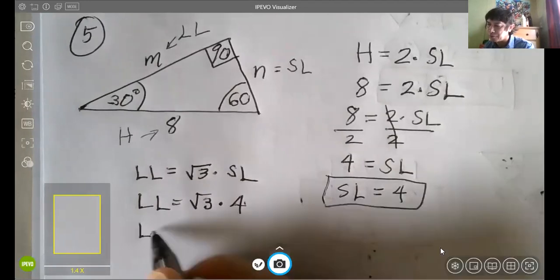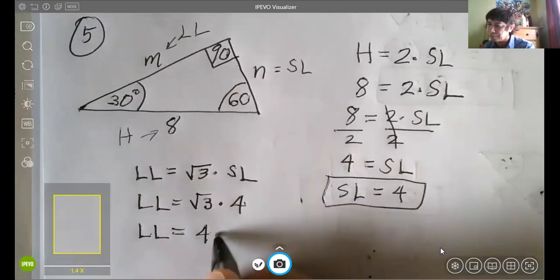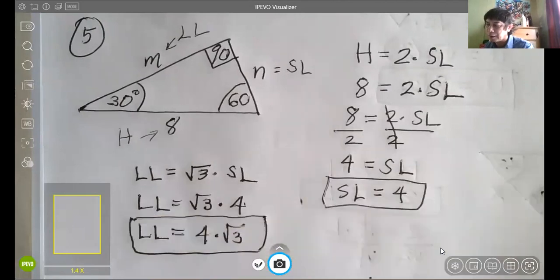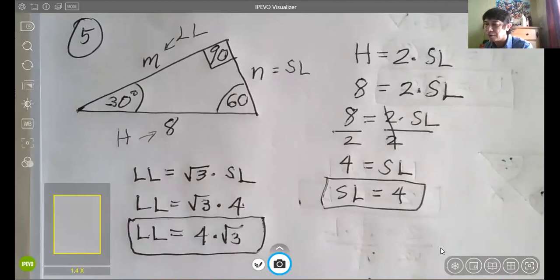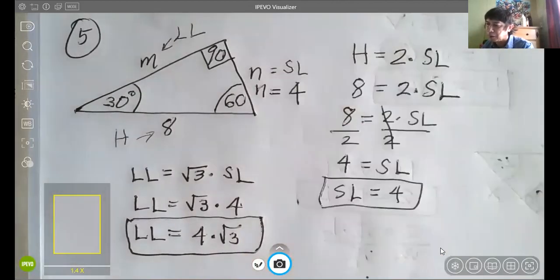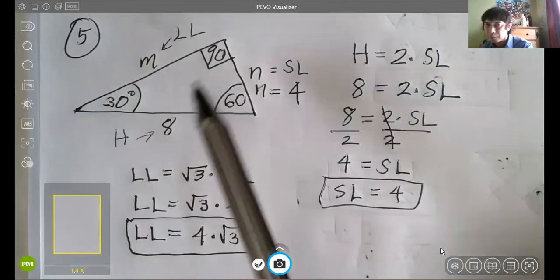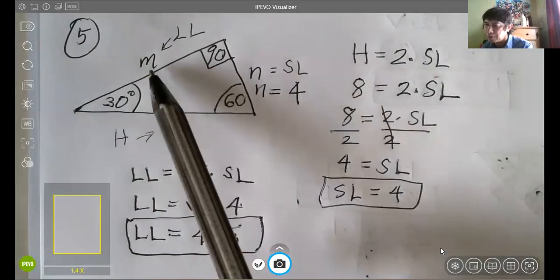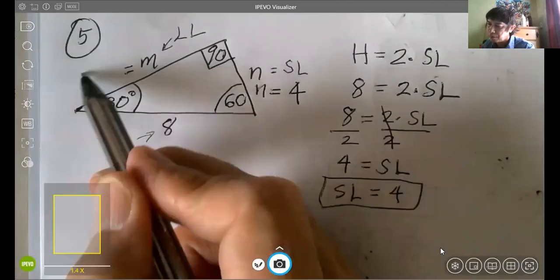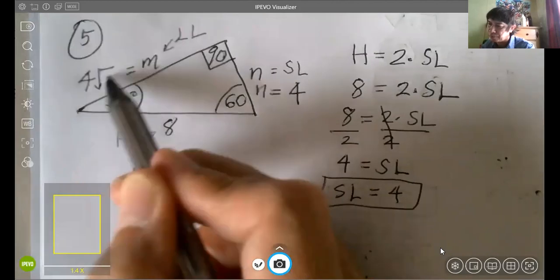So longer leg is 4 times square root of 3. And we have the answer for the longer leg. And so you can write this using the given letters so that the shorter leg is n. So n is equal to 4. And your m, being the longer leg, that's 4 square root of 3.